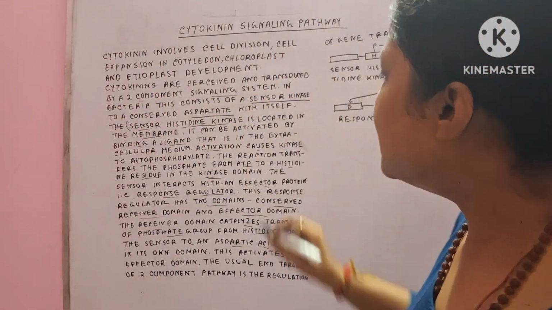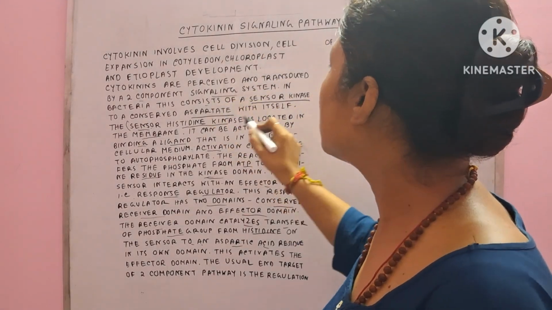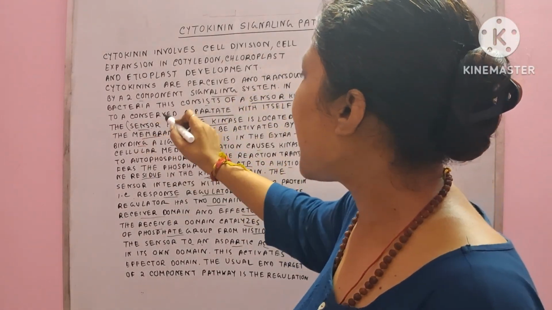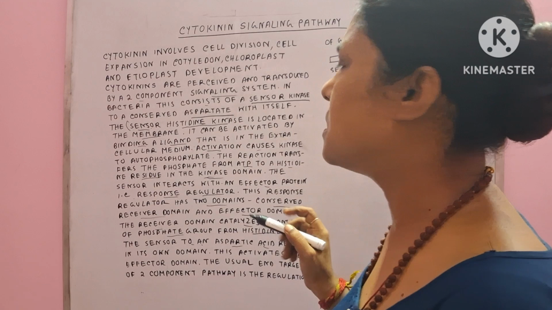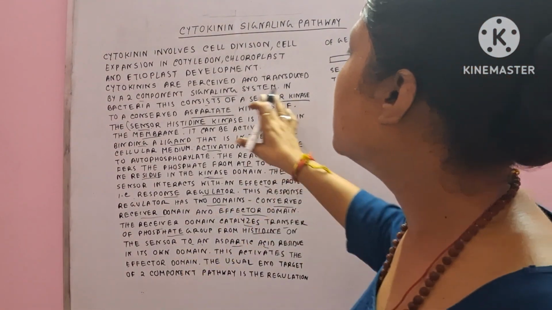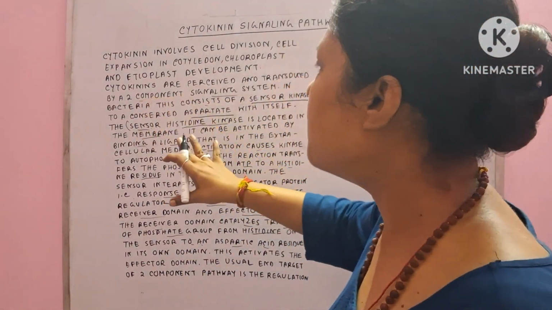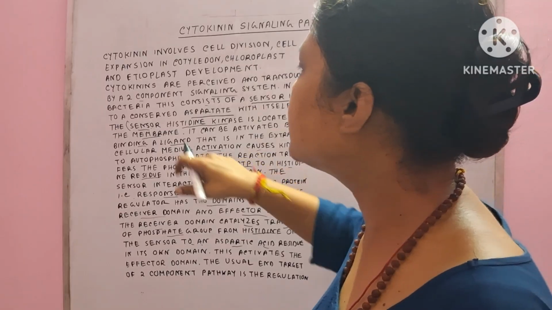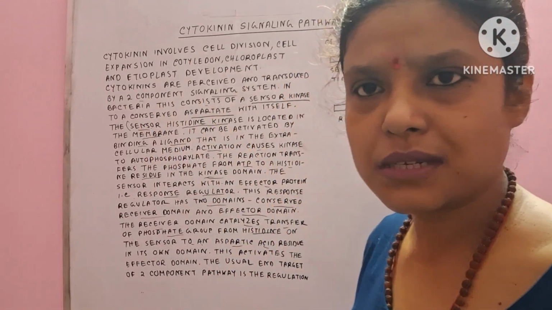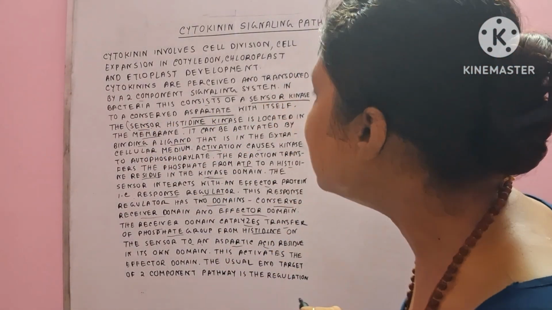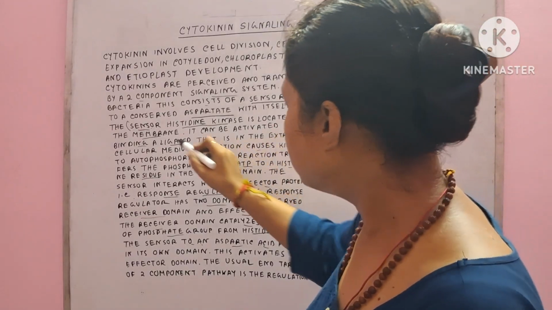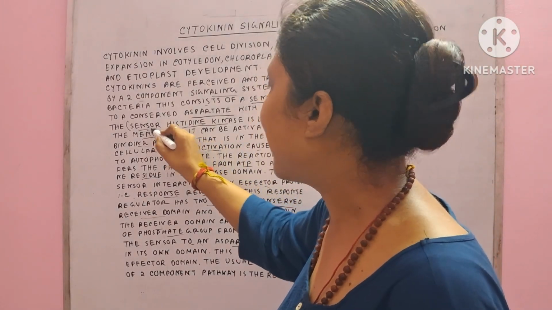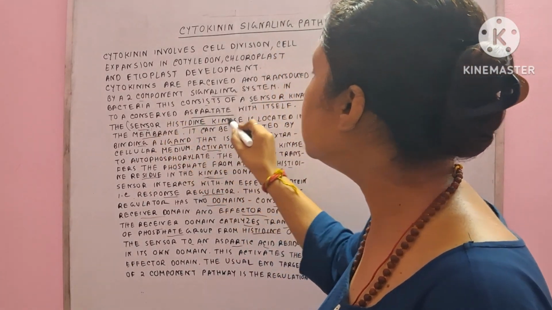This signaling system consists of a sensor kinase and a conserved aspartate. These two components are the sensor kinase and the aspartate. The main factor is the sensor histidine kinase.